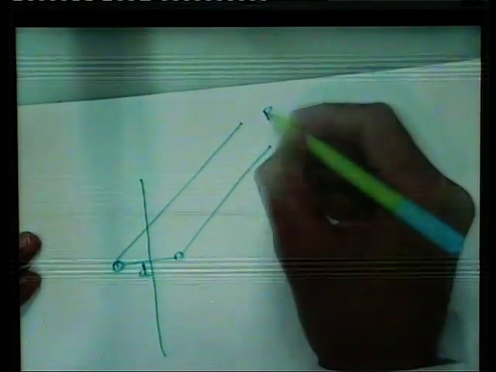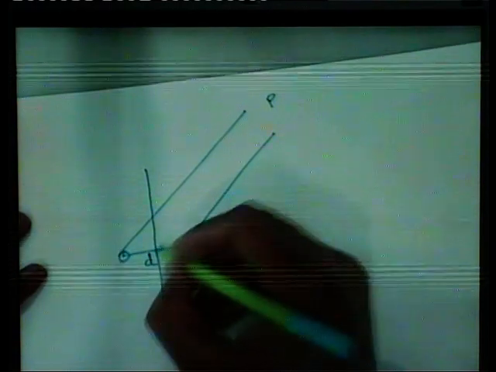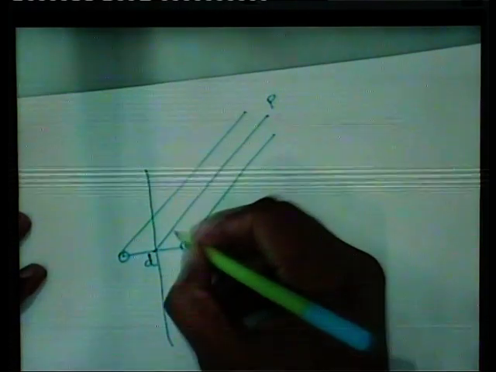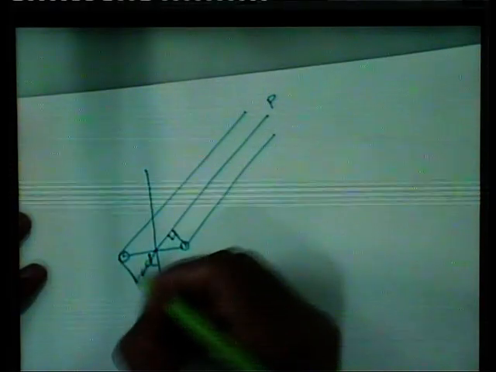So these are the two antennas separated by a distance d. This is your origin. This is the point P where we want to calculate the field. We will draw a perpendicular from here and a perpendicular from here.